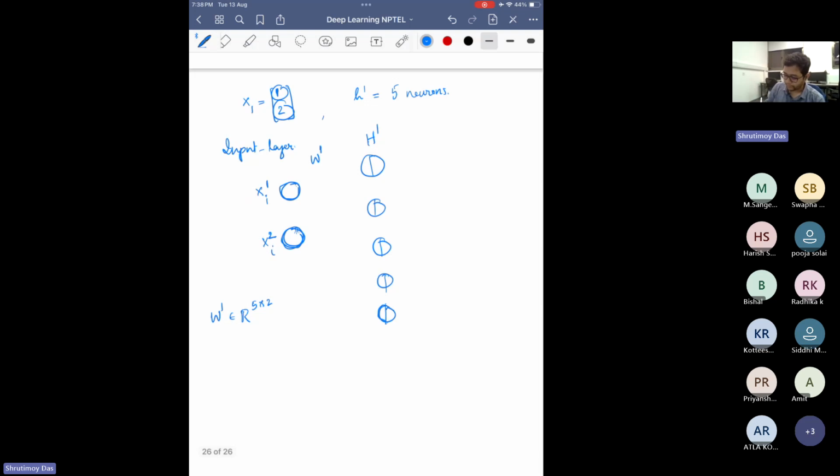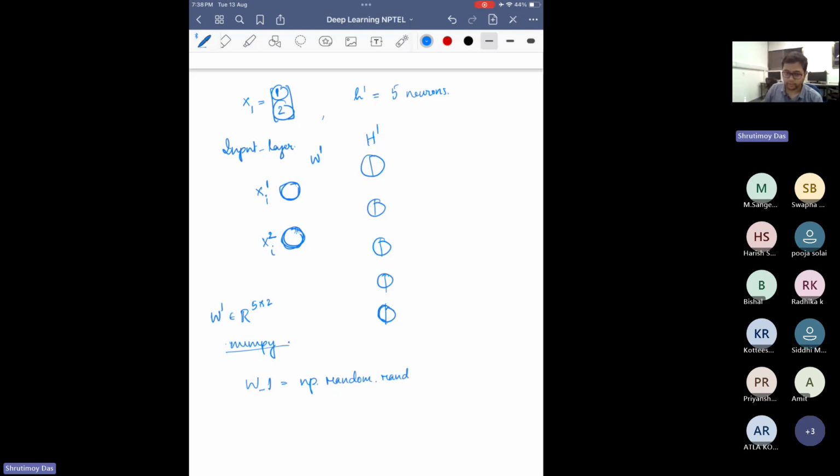So when you are writing code, if you are doing very basic code, you will mostly use the NumPy library. You must be familiar with it. So I will define some W1 to be numpy dot random dot rand.